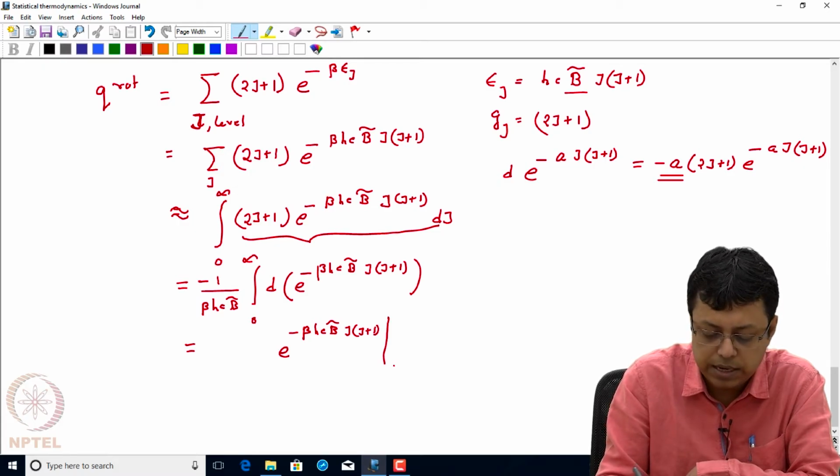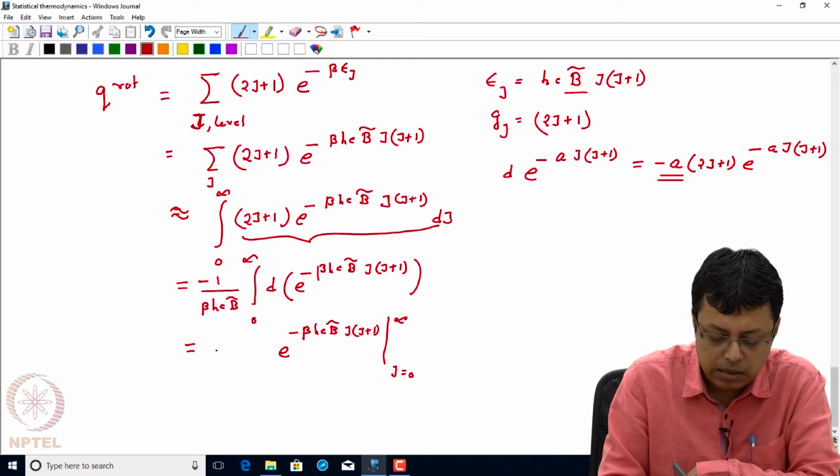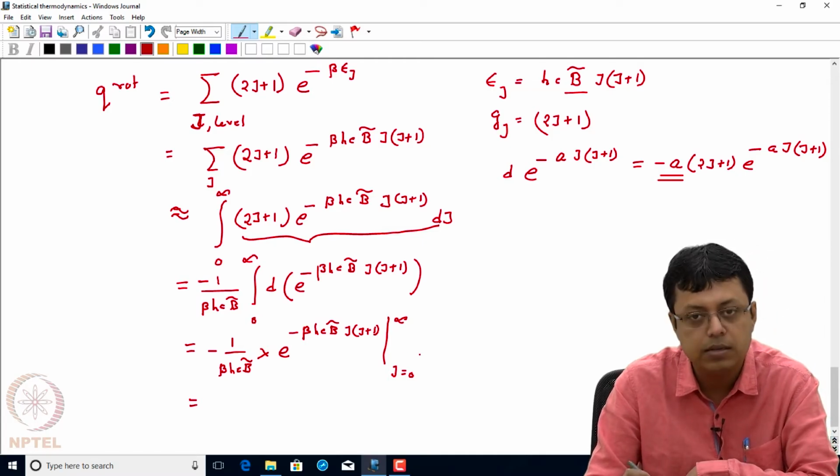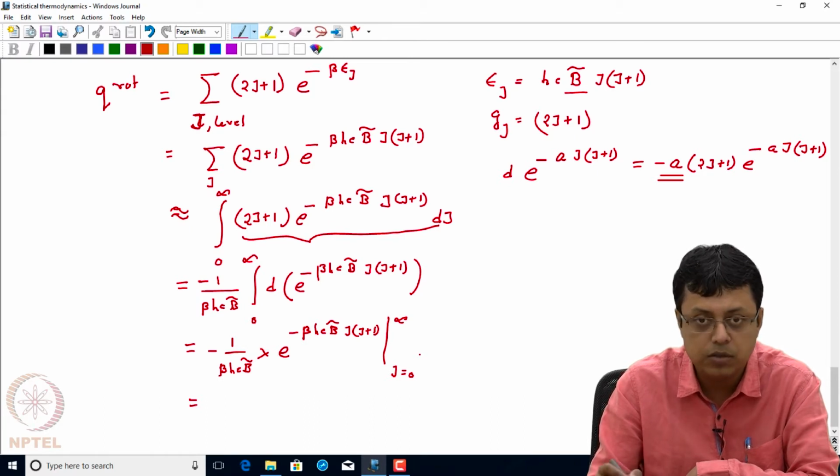between the limits J equal to 0 and infinity, with one more constant in front, 1 over beta hc B̃. The upper limit, e to the power minus infinity, is 0, and the lower limit, e to the power 0, is 1, so it is 0 minus 1.